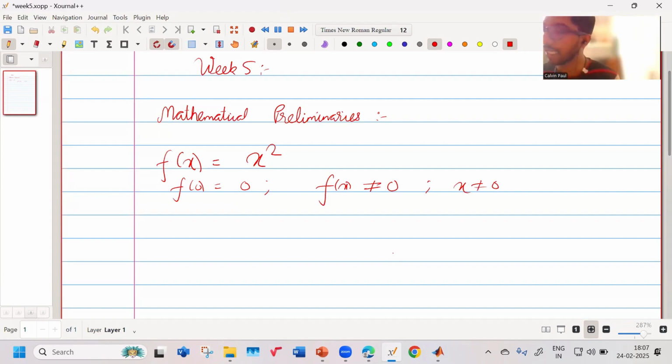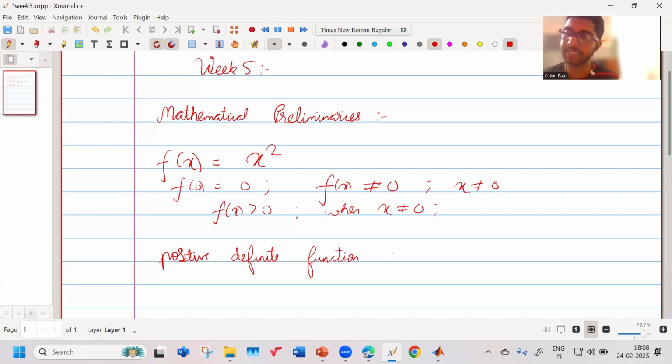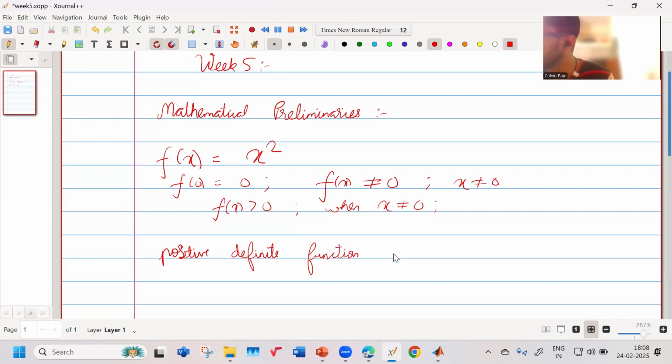Also, f of x is greater than 0 when x is not equal to 0. Such a function is known as a positive definite function. It means we can guarantee that the function value will always be positive, and it is 0 only at the origin, only when x is equal to 0.